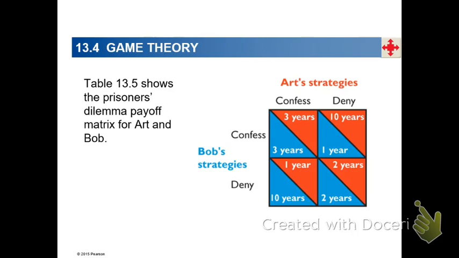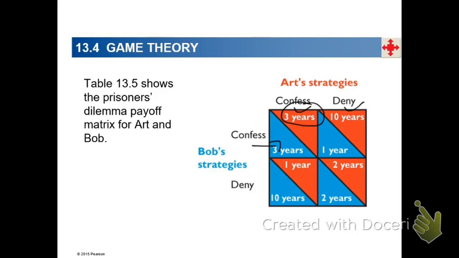The way to find a dominant strategy is to figure out the payoff from each of the strategies and then compare them. So for example, notice that if Bob confesses, Art looks at two options. He can either confess and get 3 years, or he can deny and get 10 years. So it is important that when Bob confesses, Art will also confess.